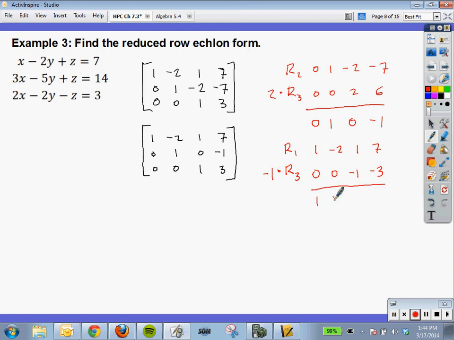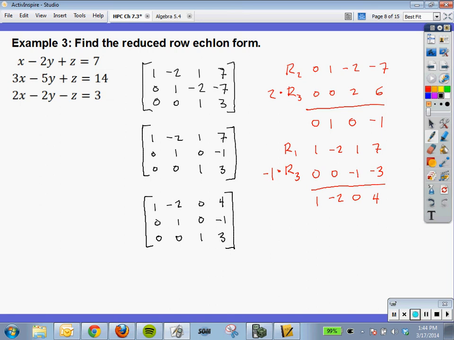We're going to add straight down, so we have a 1, -2, 0, and 4 there. So now I'm going to replace that resulting row into row 1, and we have a 1, -2, 0, 4, 0, 1, 0, -1, and 0, 0, 1, and 3.